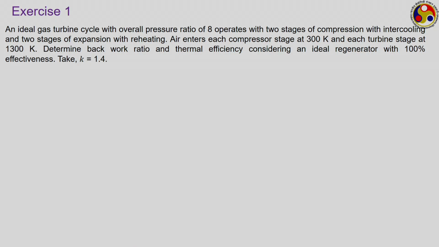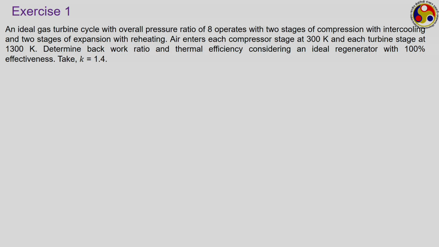The first problem is actually a repetition of one problem that we solved in the previous lecture. Just read the problem statement carefully. We are talking about an ideal gas turbine cycle with an overall pressure ratio of 8. It is operating with 2 stages of compression with intercooling and 2 stages of expansion with reheating. Air enters each compressor stage at 300 Kelvin and each turbine stage at 1300 Kelvin.